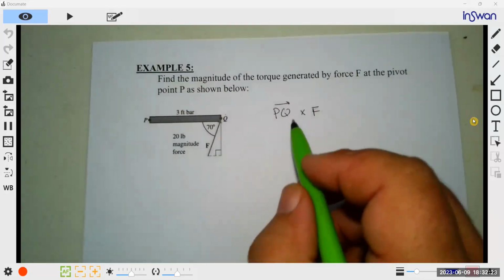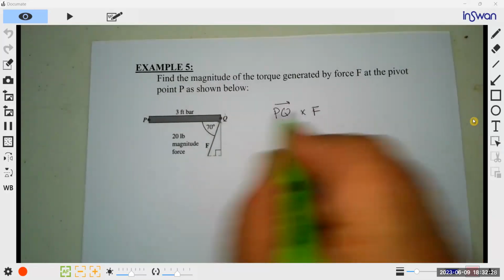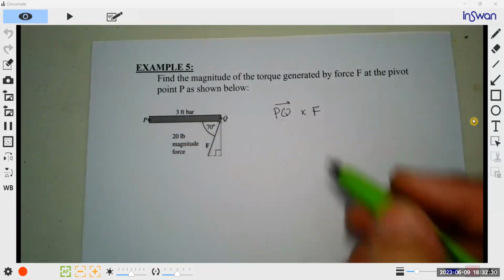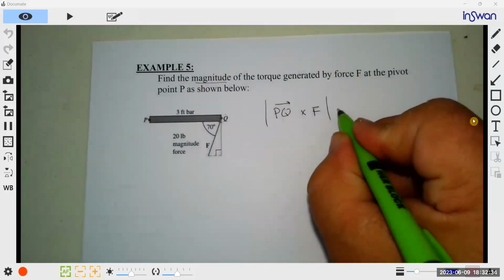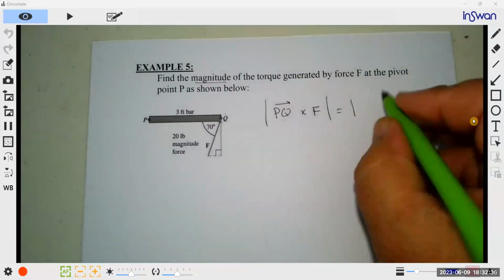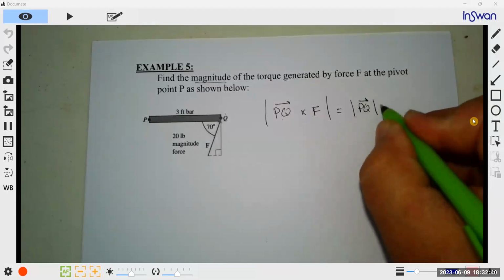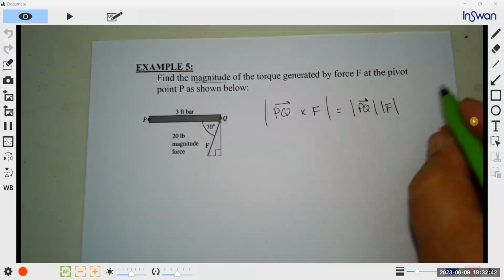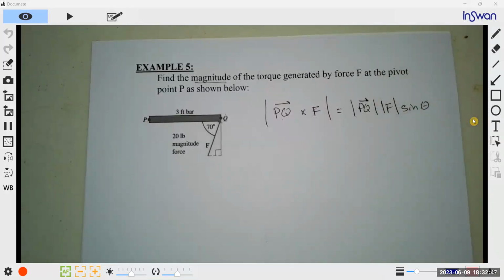That's the pivot point, and it's pushing down, so we go from PQ to F. We want the magnitude of it, which equals the magnitude of PQ times the magnitude of F times the sine of theta.